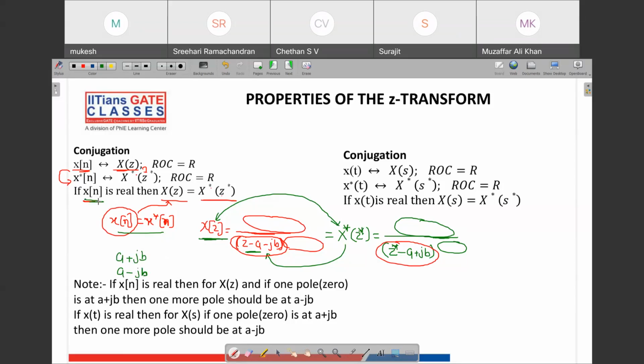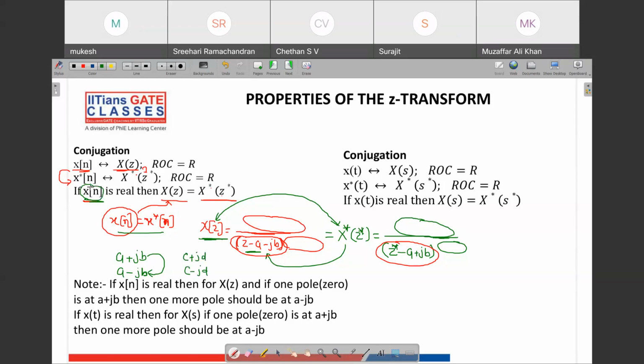So whenever the signal is real, the poles should be in conjugate form. If you have this one, then you should have this one also. Similarly, for a zero, if you have a zero located at, let's say, c plus jd, then there should be a zero at c minus jd also if x of n is a real signal.